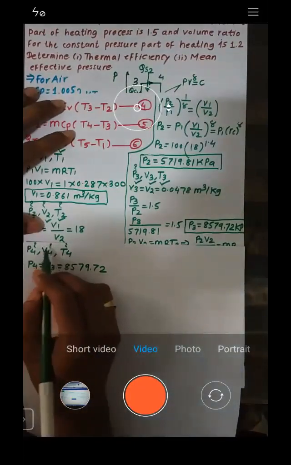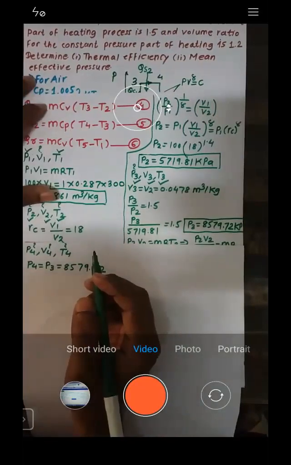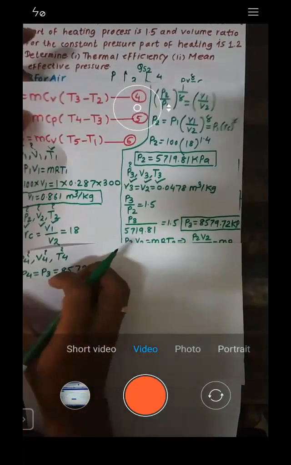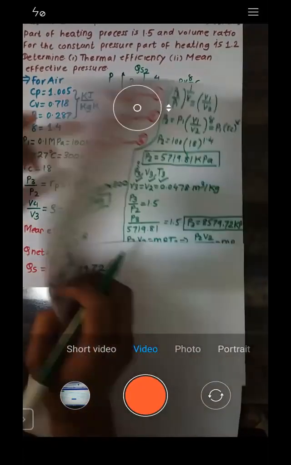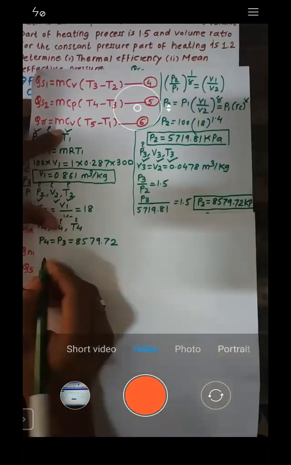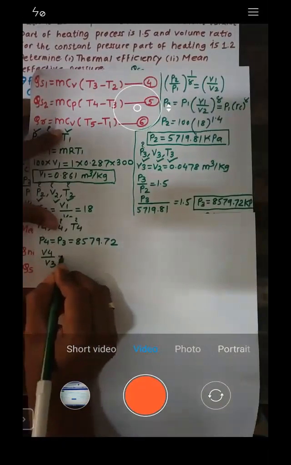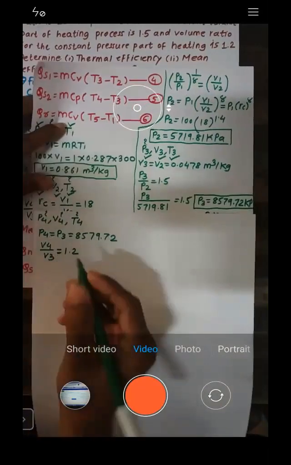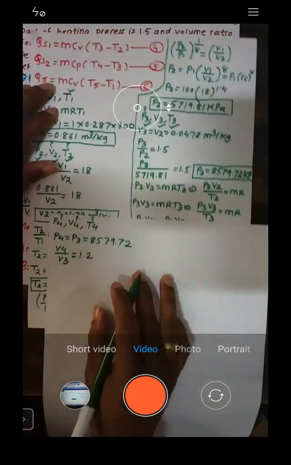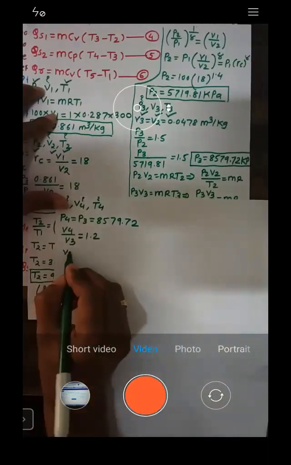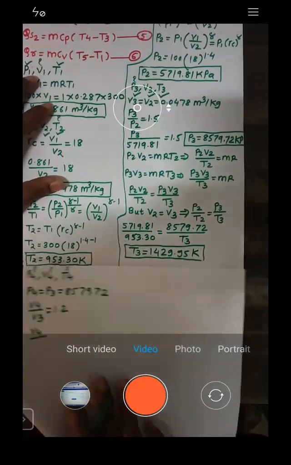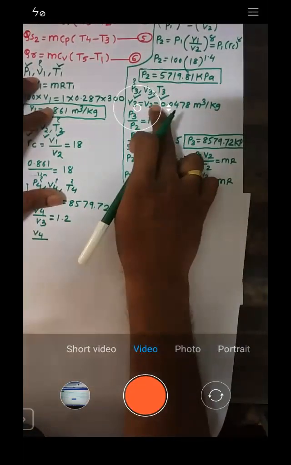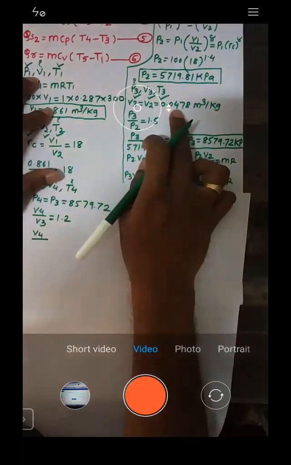V4. How to get V4? For getting V4, all of you can check. We have the ratio V4 by V3 is 1.2. V4 by V3 is given as 1.2. So from this, I want the value of V4. Value of V3 is same as V2, and that is 0.0478.